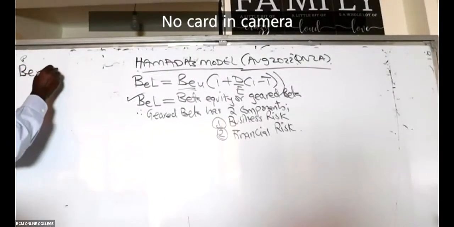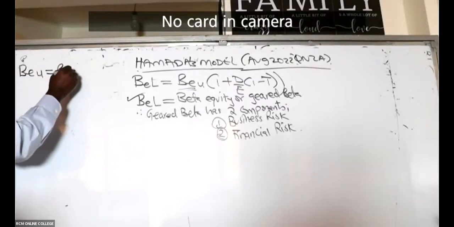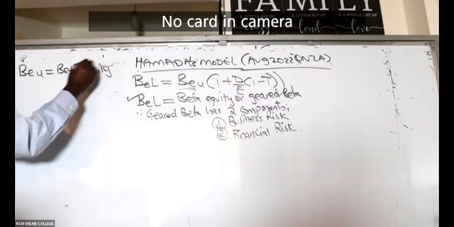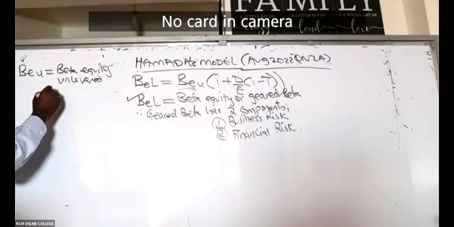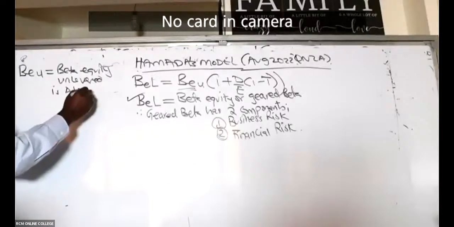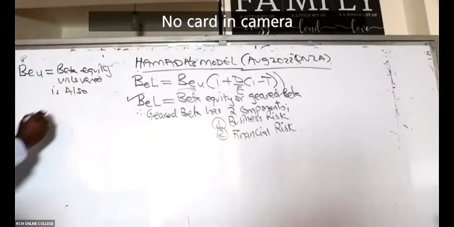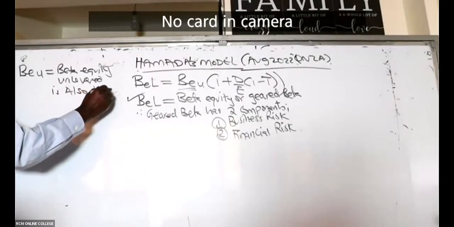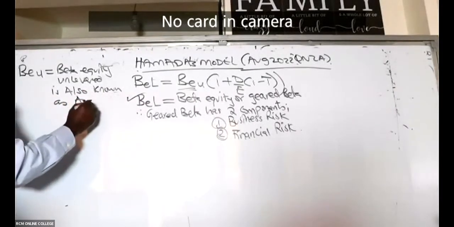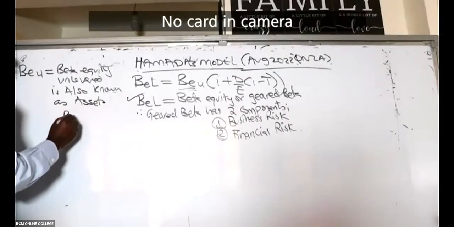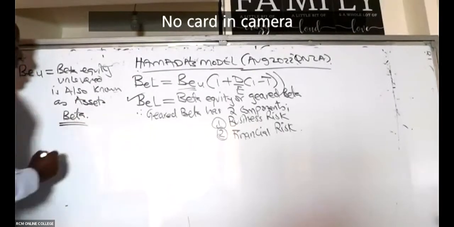You write it in full: beta equity unlevered. Beta equity unlevered is also known as assets beta. Is also known as what? Is also known as assets beta.